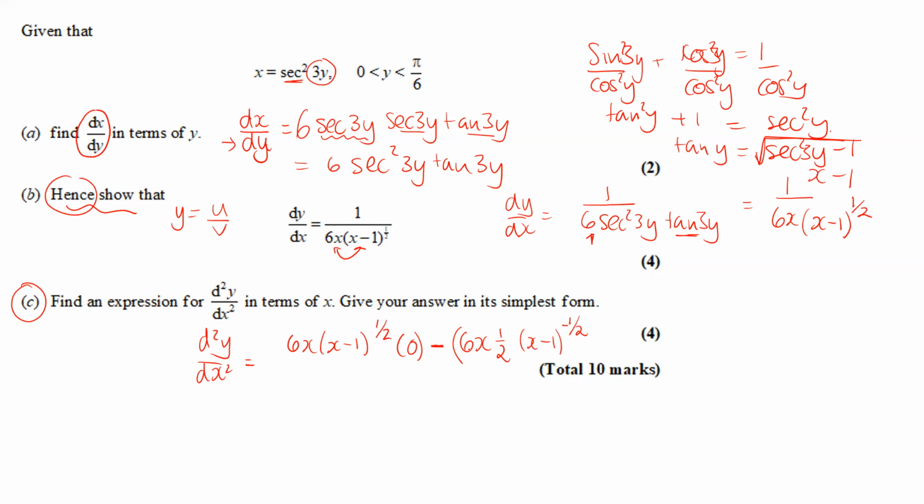And then, so that's first differential of second plus second differential of first, which is going to be 6 times x minus 1 to the half, and then that would all be over bottom squared, so that would be 36x squared times x minus 1 just by itself, because we're going to square that, so that will get rid of that half. And then we would just tidy up, so 0 times all of this is going to be 0, and then we just need to have a think about what we would do with this second lot here.